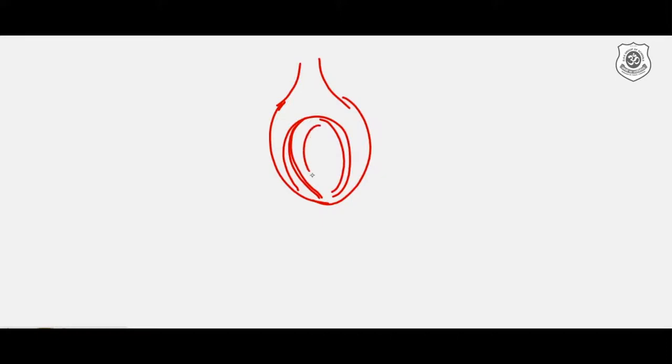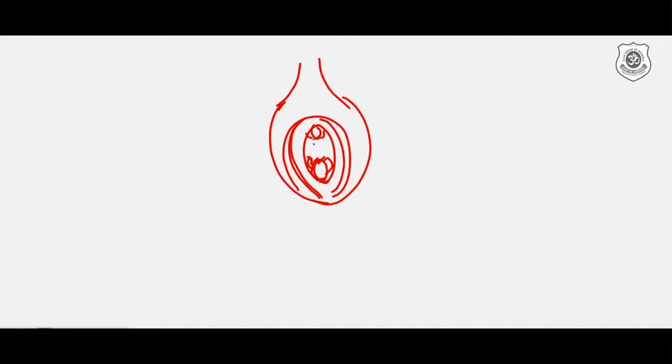There is an embryo sac inside. Very clearly, I'm just going with the embryo sac. There is an egg cell. This is something very important, the egg. And there are two synergids by the side. There is an egg at the center and there are two synergids. And on the top, there are three cells, we call them antipodals.